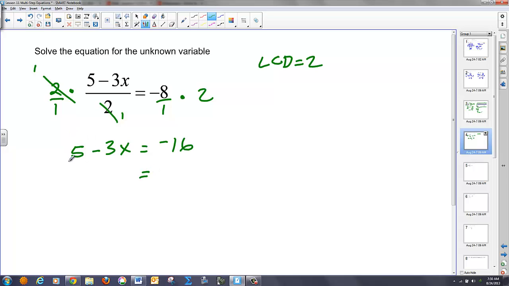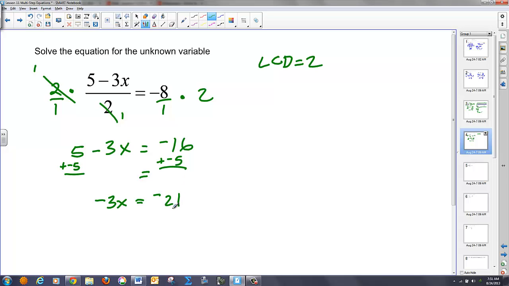I have a subtraction of 3x here, so this is a multiplication. And then this is a positive 5. So if I want to undo that, I'll add a negative 5 to both sides. Positive 5 and negative 5 go to 0, leaving me with negative 3x. Negative 16 plus negative 5, same sign, so keep the negative and add the two numbers.